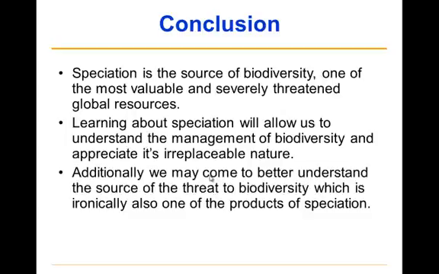And an additional benefit may be that we may come to better understand the source of the major threat to biodiversity, which ironically is also one of the products of speciation. And that product of speciation is us, it's people. And so people are threatening the products of evolution, which are the other species with which we share the planet.